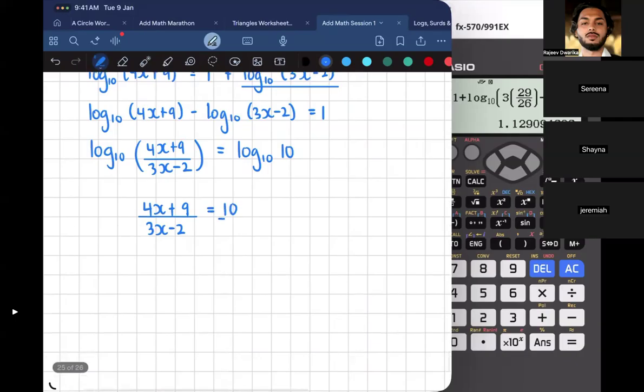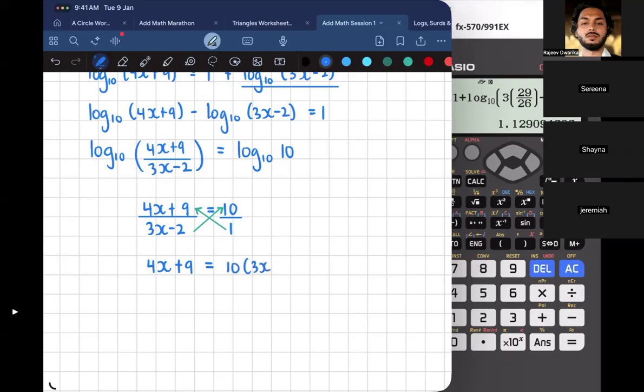Right? I could write it as 10 over 1. It's the same thing. Going to cross multiply. What's 1 times this entire thing, Serena? 4x plus 9. Right? 1 times anything is itself. What is 10 times 3x minus 2?